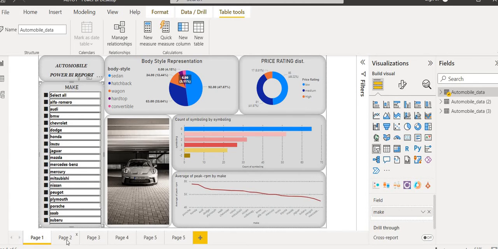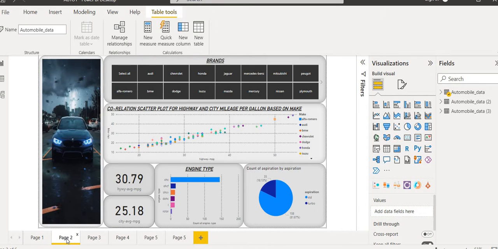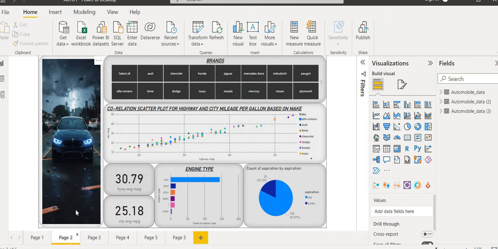Now move on to page 2. You can see the brands of cars on the top of the page, which is giving you the required information about the highway and city mileage per gallon on the company's make.